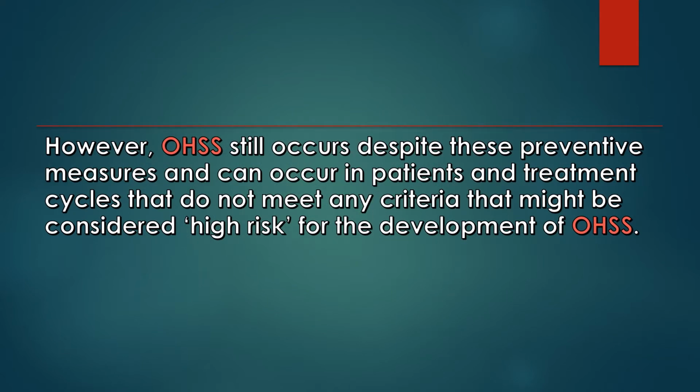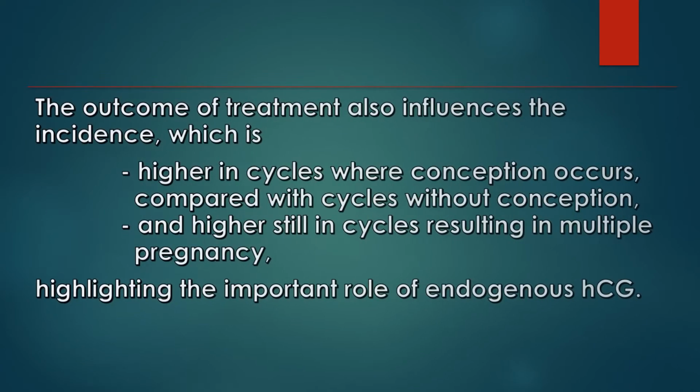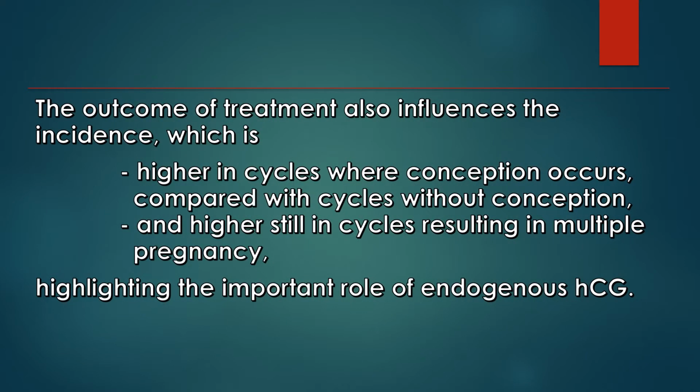However, OHSS still occurs despite these preventive measures and can occur in patients and treatment cycles that do not meet any criteria considered high risk. The outcome of treatment also influences the incidence, which is higher in cycles where conception occurs compared with cycles without conception, and higher still in cycles resulting in multiple pregnancy, highlighting the important role of endogenous human chorionic gonadotropin.